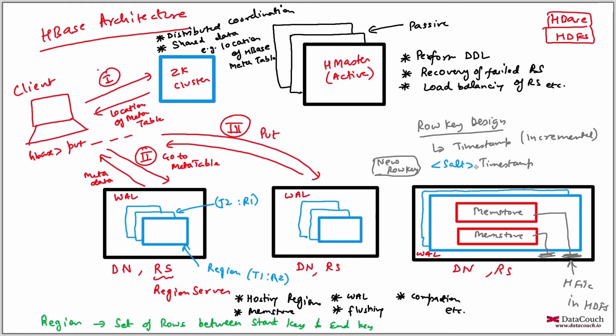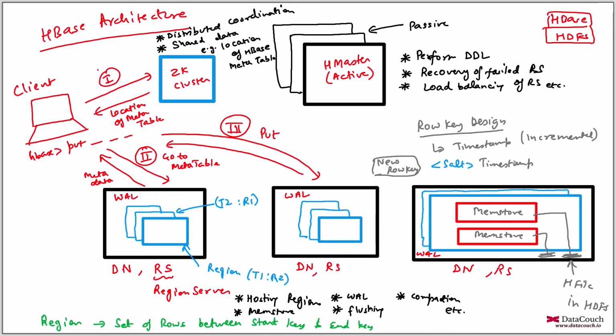If you are doing this kind of salting, and let's say you put the salt in front of the timestamp, this will become random. Or sometimes we also do hashing of the timestamp. When you do a hashing or salting technique, it will not be incremental in nature.